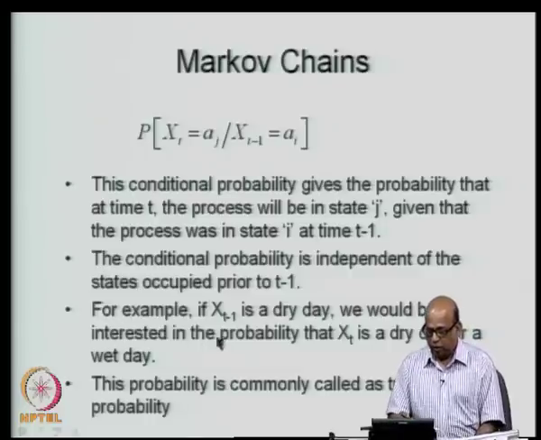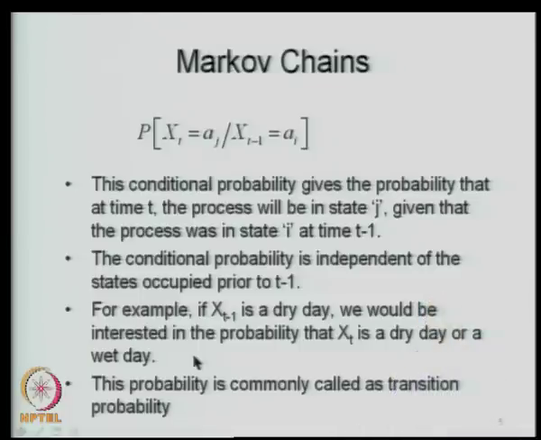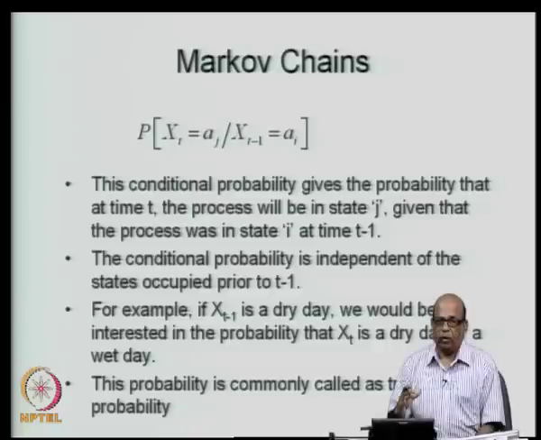So, for example, if x t minus 1 is a dry day, we would be interested in the probability that x t is a dry day or a wet day. Typically, we use this in the analysis of rainy days, non-rainy days, etc.